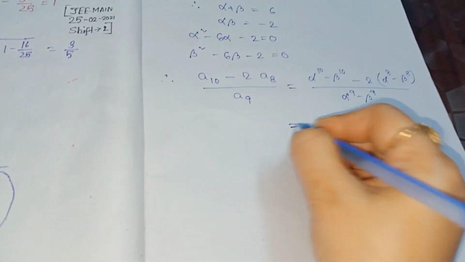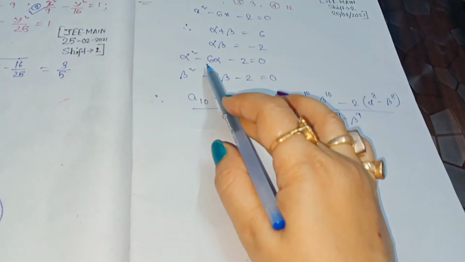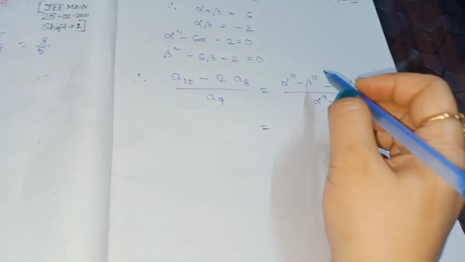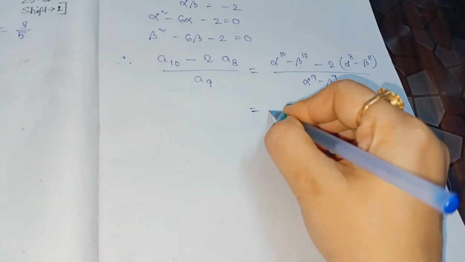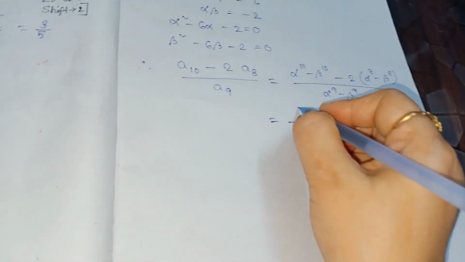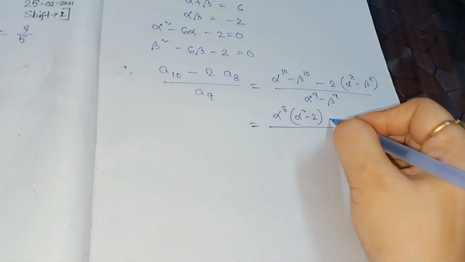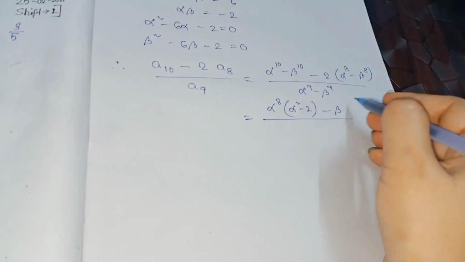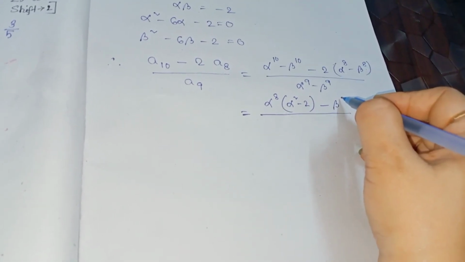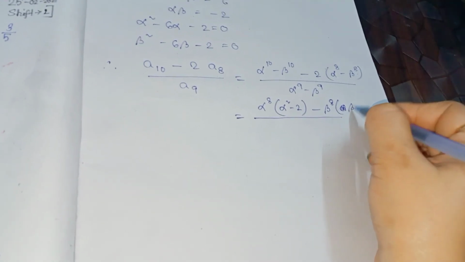Now we know alpha square is equal to 6 alpha plus 2. So just for calculation we write it as alpha to the power 8 into alpha square minus 2, minus beta to the power 8 into beta square minus 2.